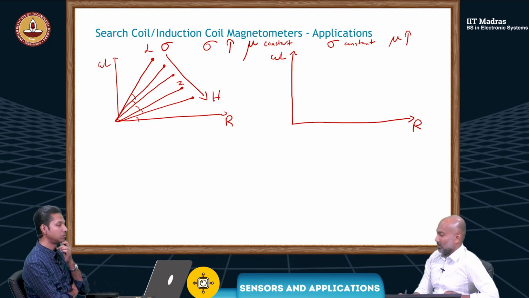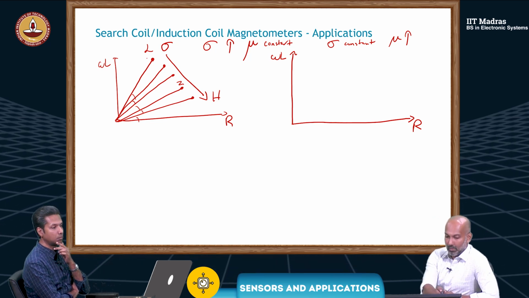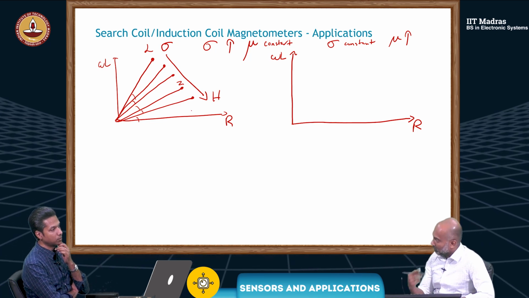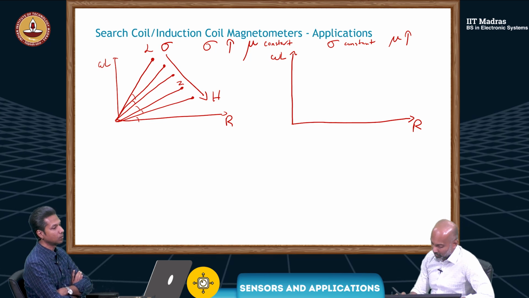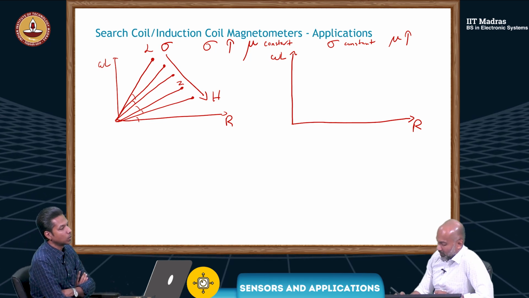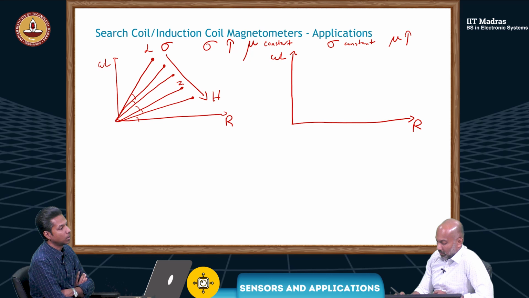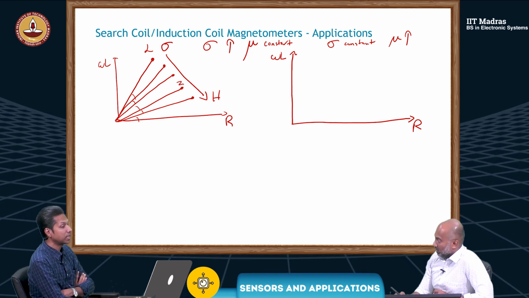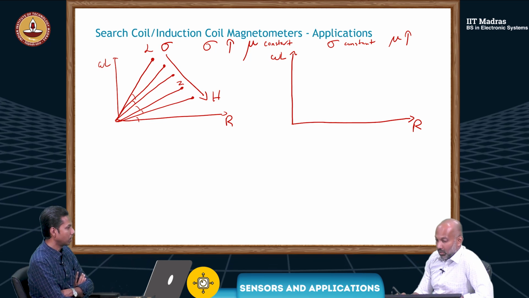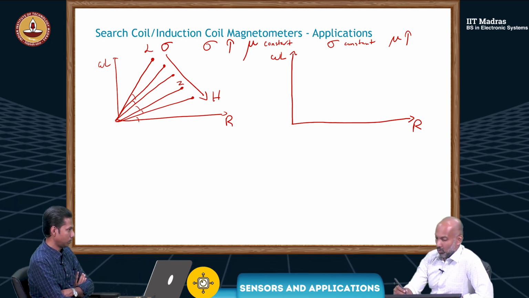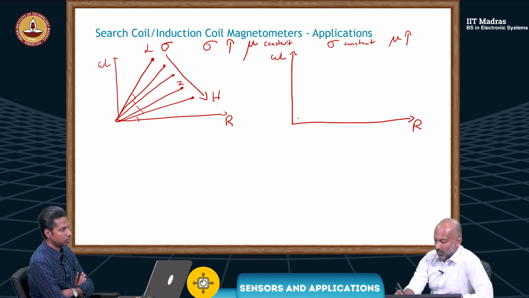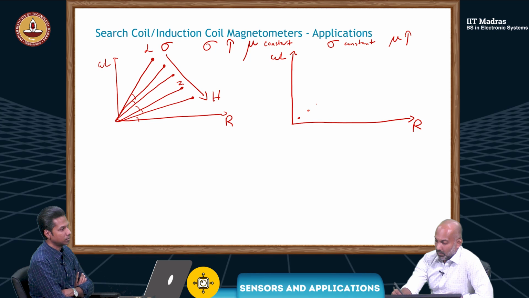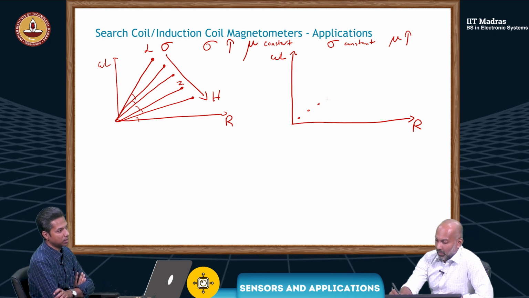When you increase the conductivity we saw one behavior, but with the permeability we talked about something else. Initially permeability is low, for a fixed conductivity.